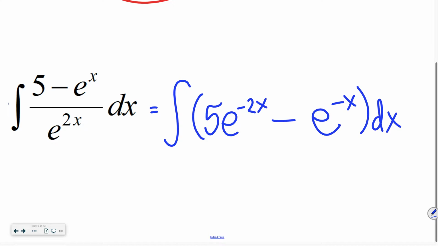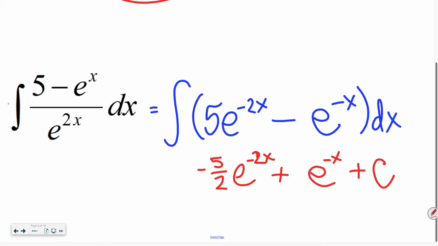Now we can take our antiderivative. Same concept as we did up there. e to the negative 2x has an antiderivative of, remember our copy-paste rule, but we also need to take into account that there's a negative 2 inside. So we'll multiply by negative 1/2. Same thing here. Antiderivative of e to a power is e to a power. But we need to take into account that if we were to go backwards, we would have to multiply by negative 1. So that's going to turn this into a plus instead of a subtraction sign.